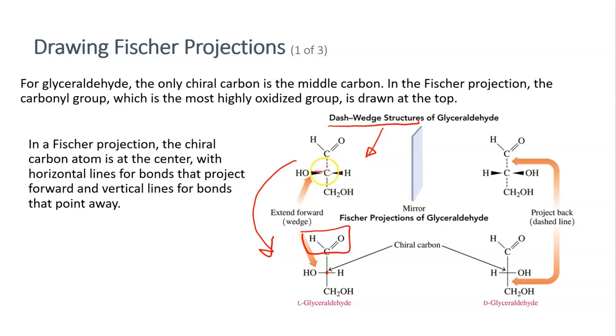The bonds that come forward are represented by this horizontal line and the bonds that go backward are represented by the vertical lines. So that's how the Fischer projection comes, and you can draw a similar Fischer projection for the other enantiomer. So these two are enantiomers. Those are mirror images of a chiral molecule.